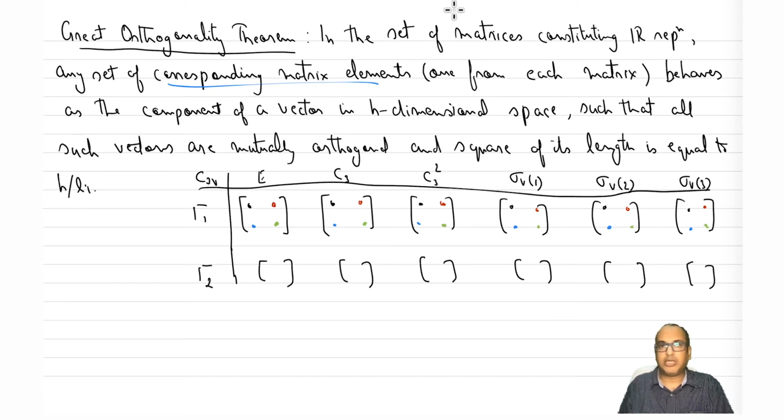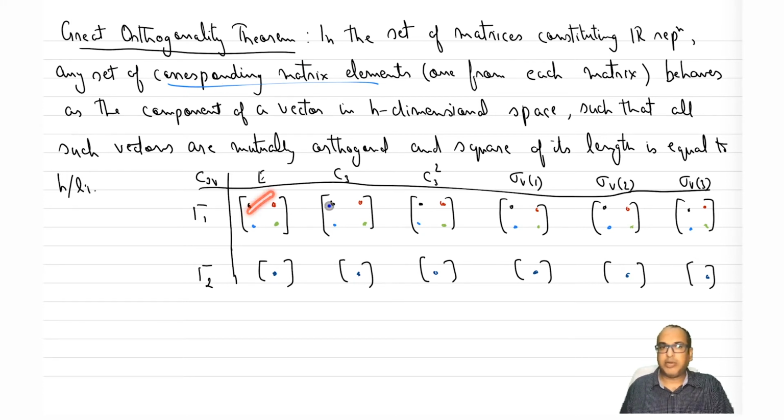So if you are talking about corresponding matrix elements, it means only one element, which is given by this color over here. Okay. So we have seen the set of matrices constituting IR representation. These are the sets of matrices which constitute IR representation. This is one set, this is another set, right? And we have also seen what the corresponding matrix element is.